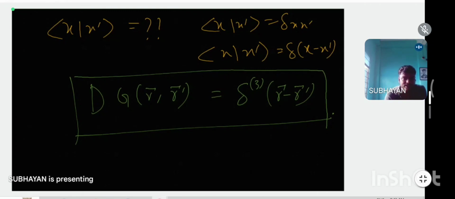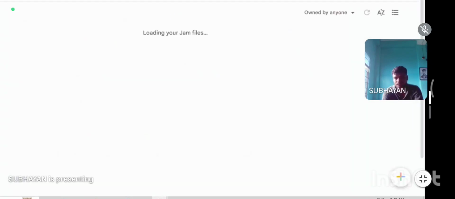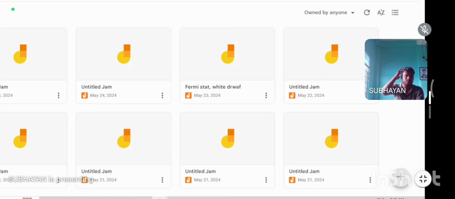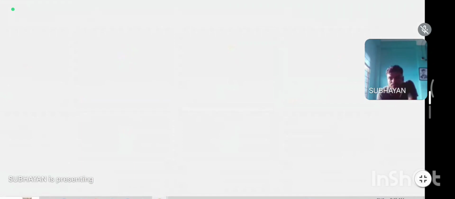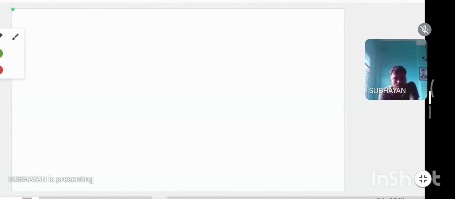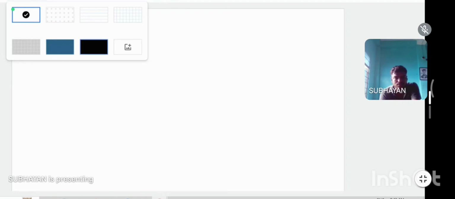Now try to take some examples. We have started with the Poisson equation, so let's try to solve with Poisson.